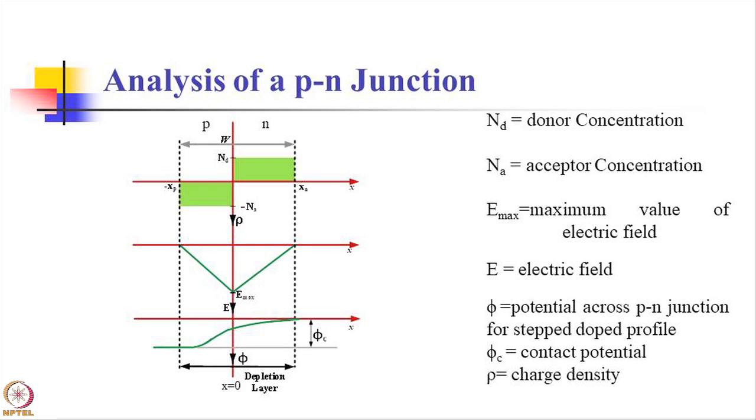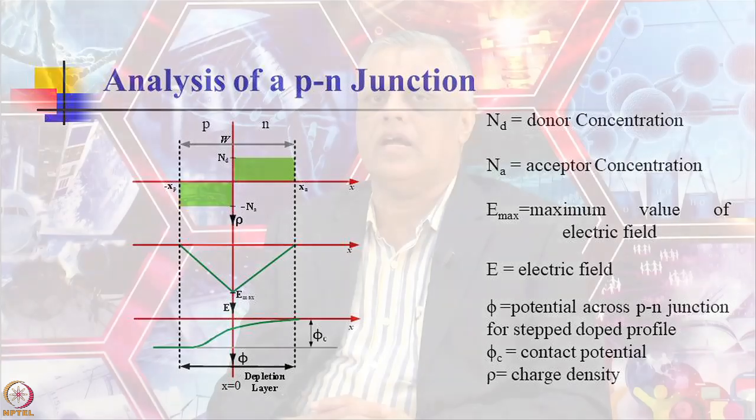Further, it should be noted that thermal equilibrium has been assumed. We have also plotted the variation of the electric field and the potential. What we are going to do is get analytical expressions for the electric field and the potential, which we will later use in the further analysis and understanding of what we can do with the devices where we use the Pn junction.